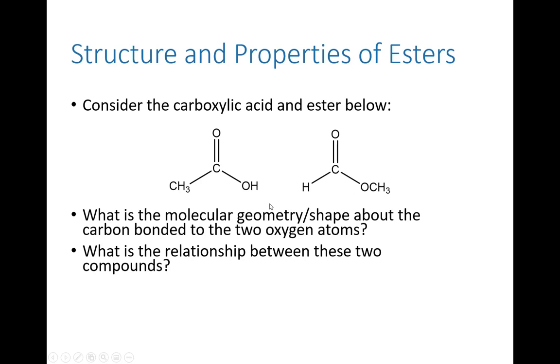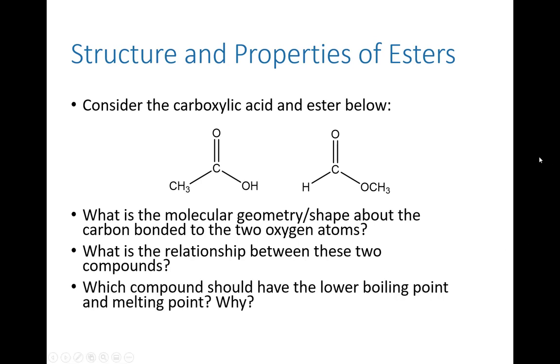So the relationship between those is they are isomers. And specifically, they are what we call structural isomers. Now, they have exactly the same molecular formula, but that does not mean that they are going to have the same properties. Specifically, they're not going to have the same boiling point and melting point.